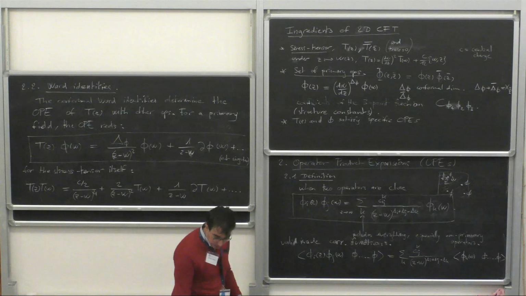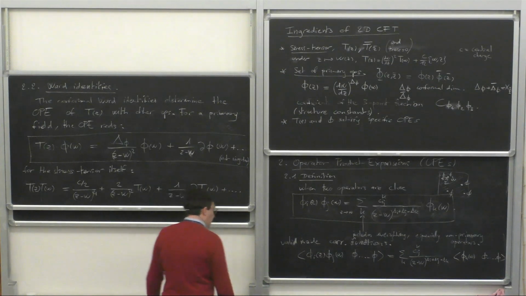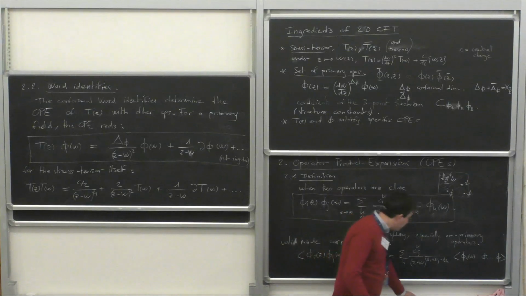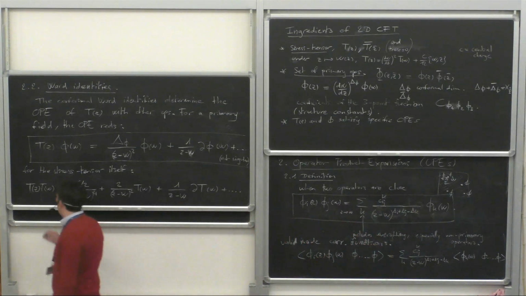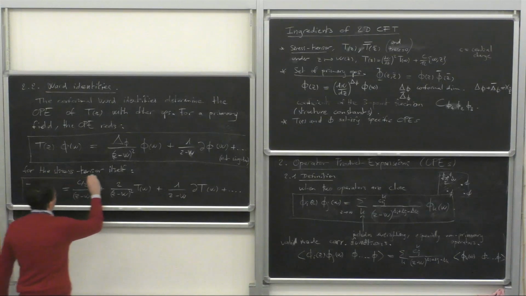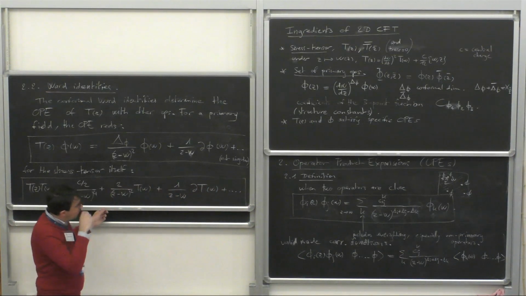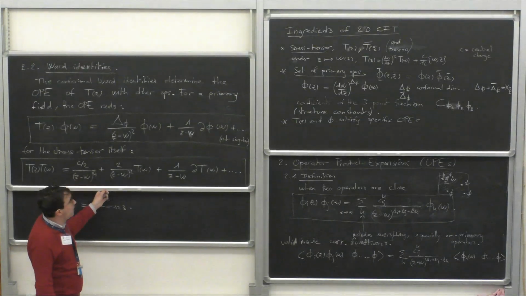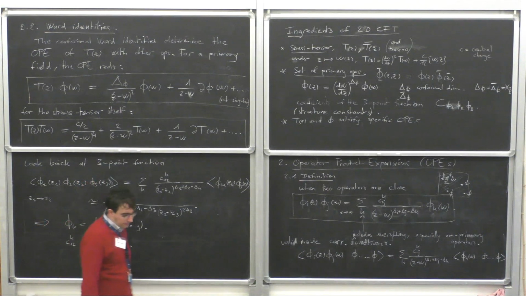So these operator product expansions are just a more convenient way to rephrase a number of facts about the symmetries of the theory, and they are very useful for practical calculations. So after the break, we'll see a little bit of this very quickly.